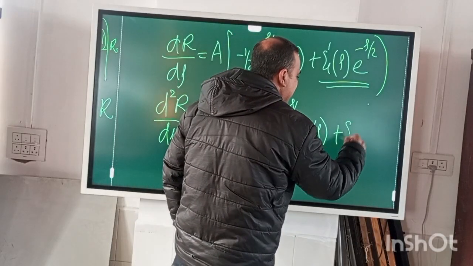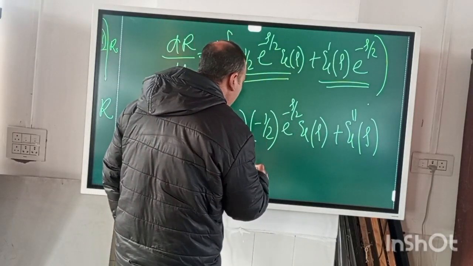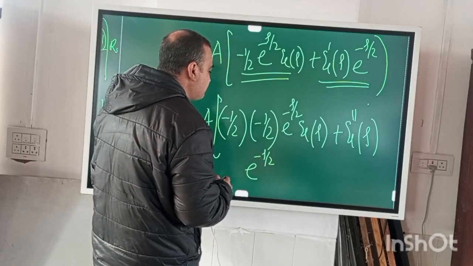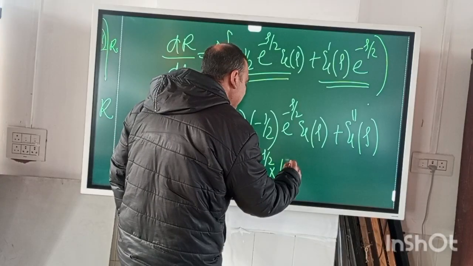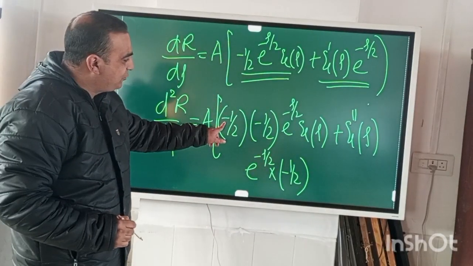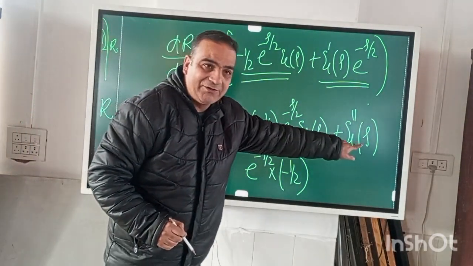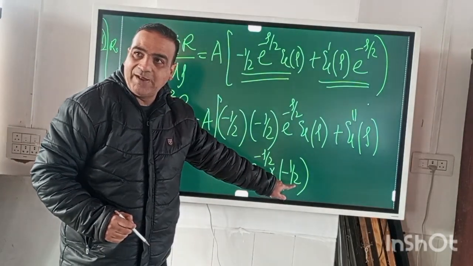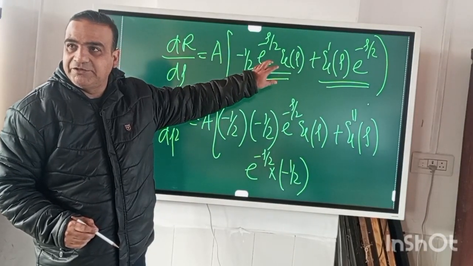Then plus zeta double dash of rho and e to the power of minus rho by 2 times minus 1 by 2. Fine? Because this minus 1 by 2 is to be multiplied to this, and this minus 1 by 2 is to be multiplied to this also. Otherwise it could have created a problem. So I have multiplied it by minus 1 by 2. So this part is gone. We have differentiated this part.